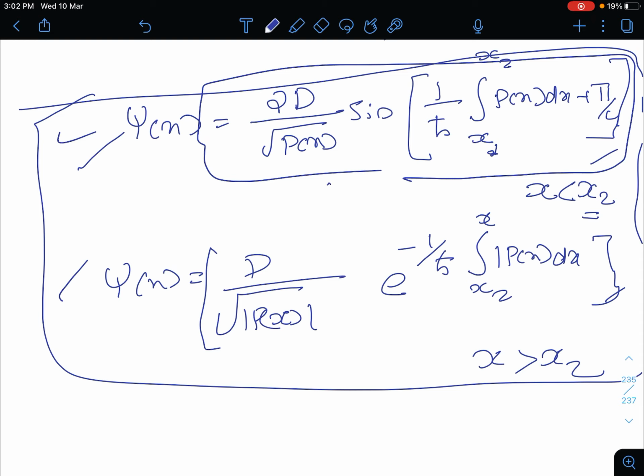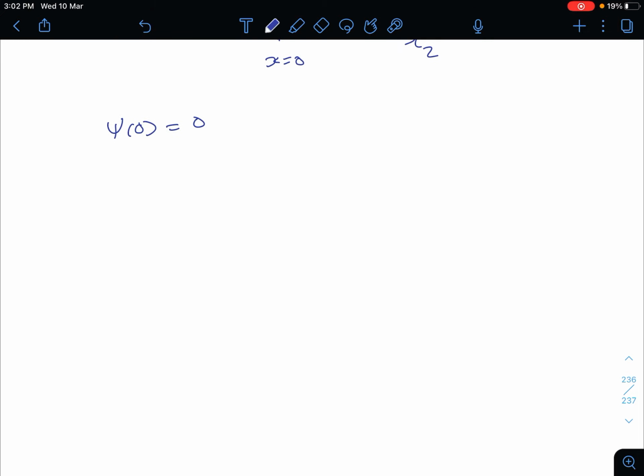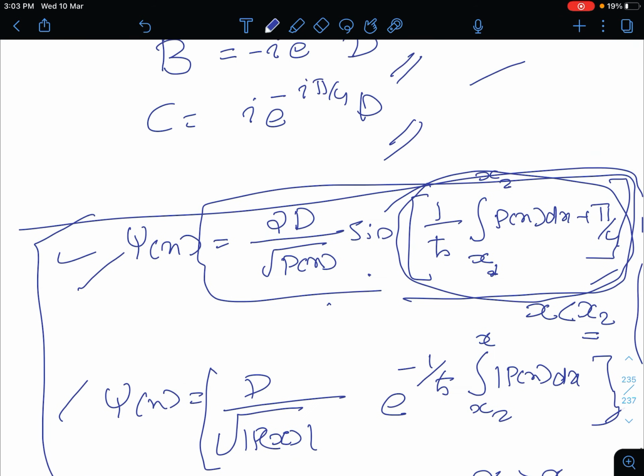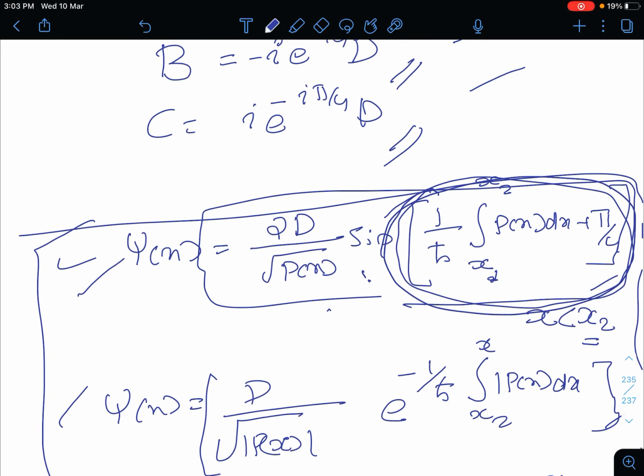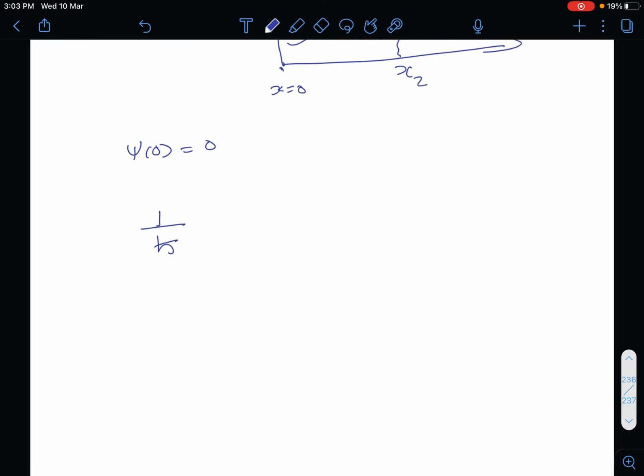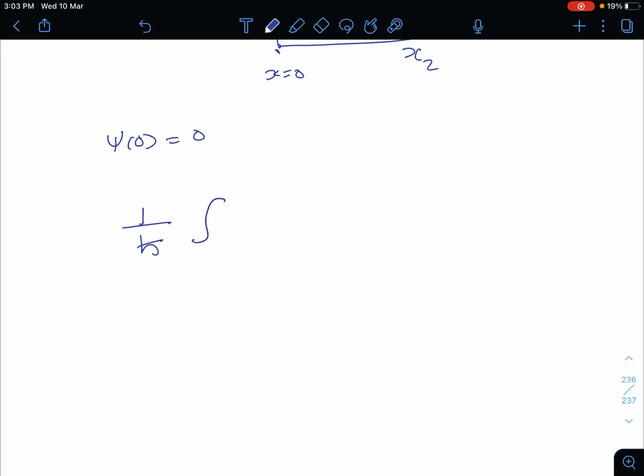So what is this? It is 0. If this has to be 0, then what should this argument be? It should be n pi. See, do you understand? For sine of something to be 0, the 1 by h cross integral 0 to x2 p of x dx plus pi by 4, that is the argument of the sine, is equal to 0, this should be equal to n pi.